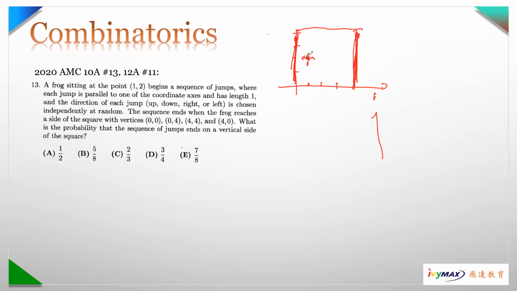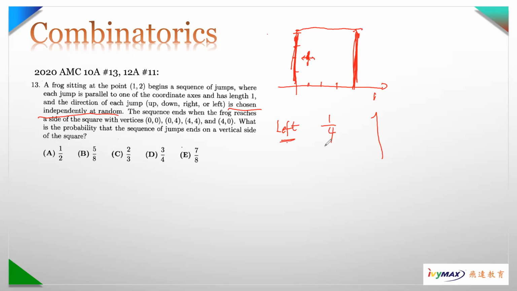Okay, let's start from the easiest case. It's still a counting problem. If the frog goes to the left, how many ways? Because it said they can choose the direction of the jump independently and at random, each one of them has a 1/4 chance of being jumped. So you can jump to the left with 1/4 chance.